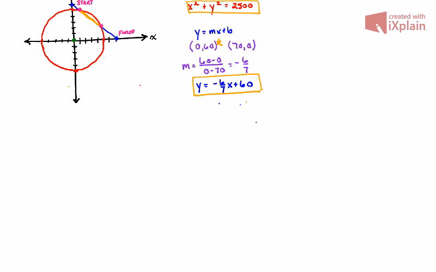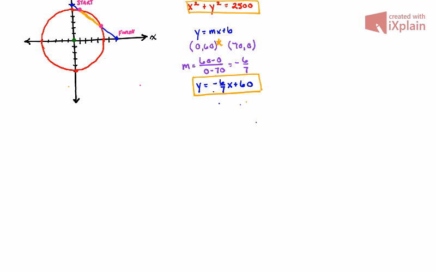So this is pulling back from Math 141, where we were looking for intersection points of two lines. In those instances, we were able to set them equal to each other because they're sharing the same value. We can do the same thing here. Notice my equation of the line says y is equal to -6/7 x plus 60.